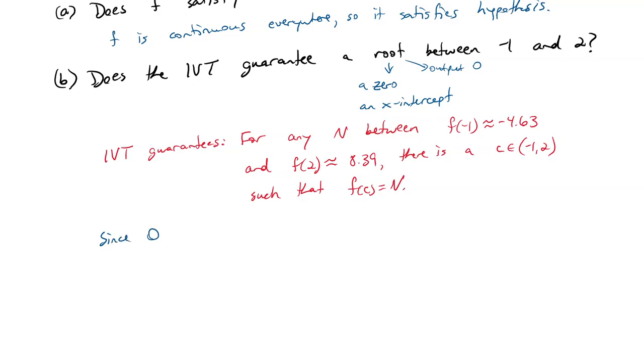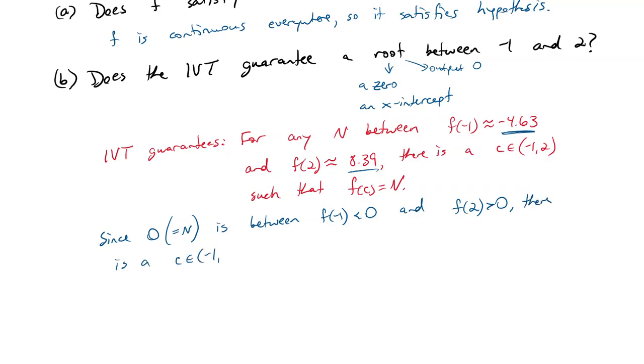Since 0, this is like our n value, is between f of -1, which is negative, so it's less than 0, and f of 2, which is greater than 0, positive, there is a c between -1 and 2 such that f of c equals 0.